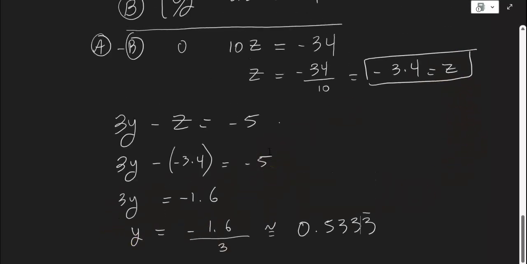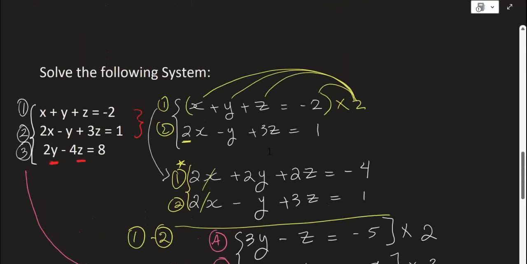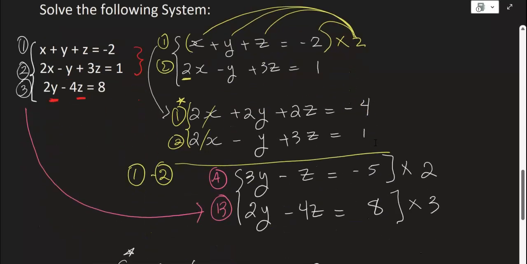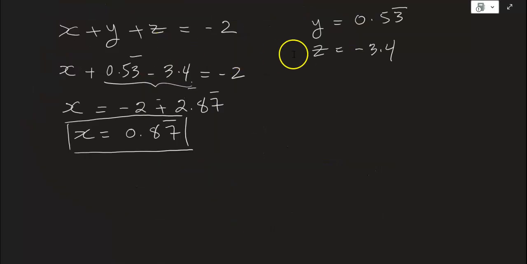Once we get that, we're going to use the z and y values and plug them back into one of the originals. We're going to choose equation 1. We plug in the y and z and solve for x, and that will be our final answer. We have y equal to 0.53 repeating and z equal to negative 3.4.